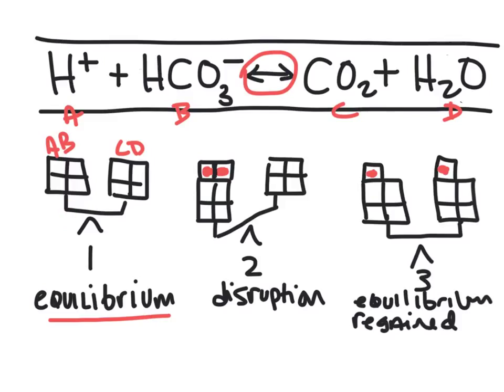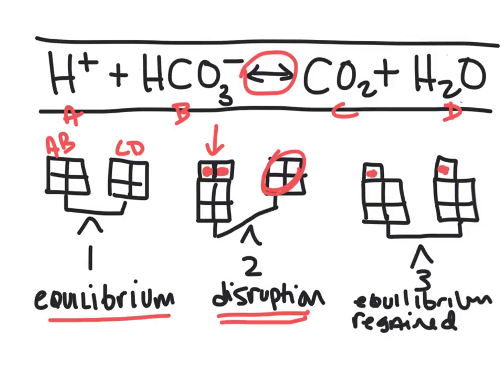Now, if you disrupt this equilibrium, what you're doing is adding something to one side. So if we add to the left side, the AB side, without adding to the other side, it is going to get heavier. It's going to be more, and this is going to disrupt the equilibrium, so we're no longer in balance.